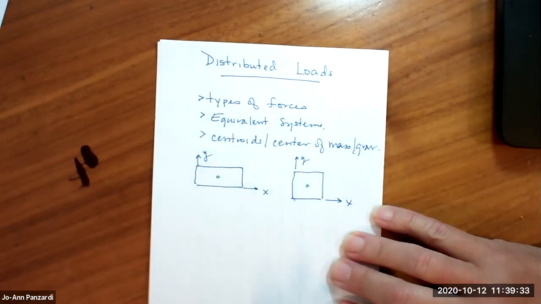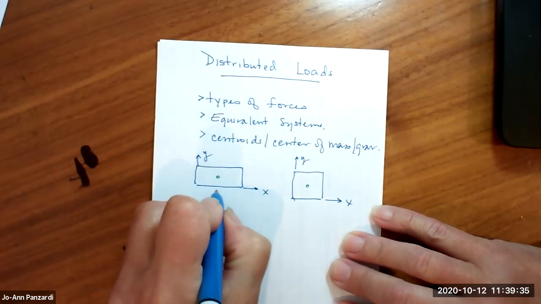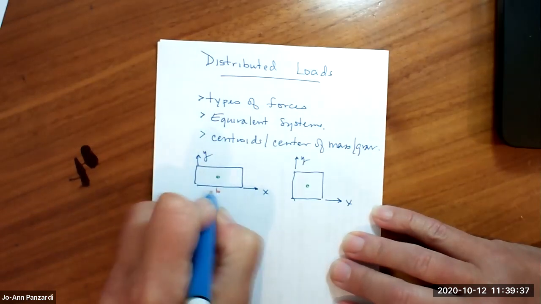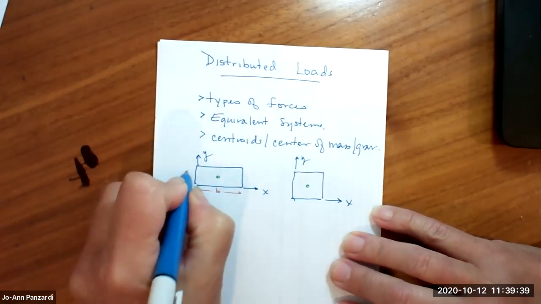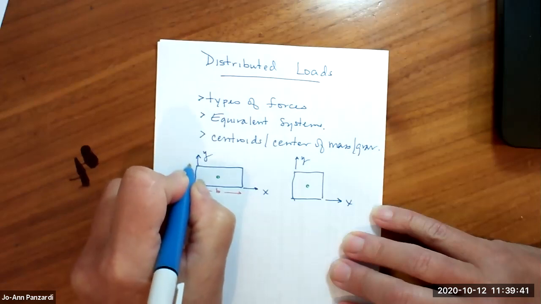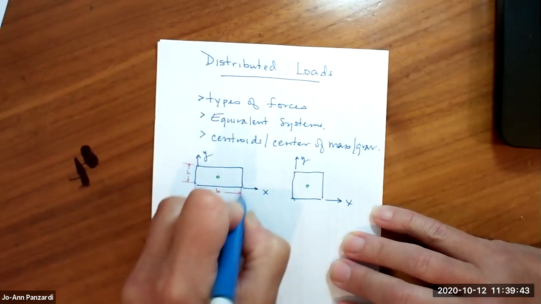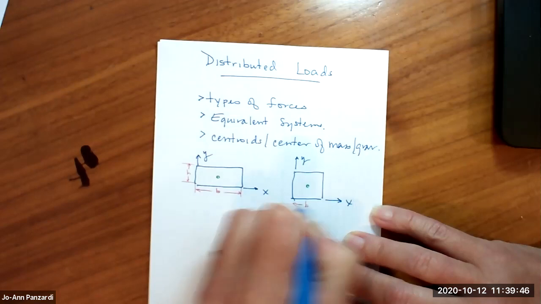So let's say in this case that we call this the base B, the base dimension, and this is called the height dimension. Again, this is base and this is height.